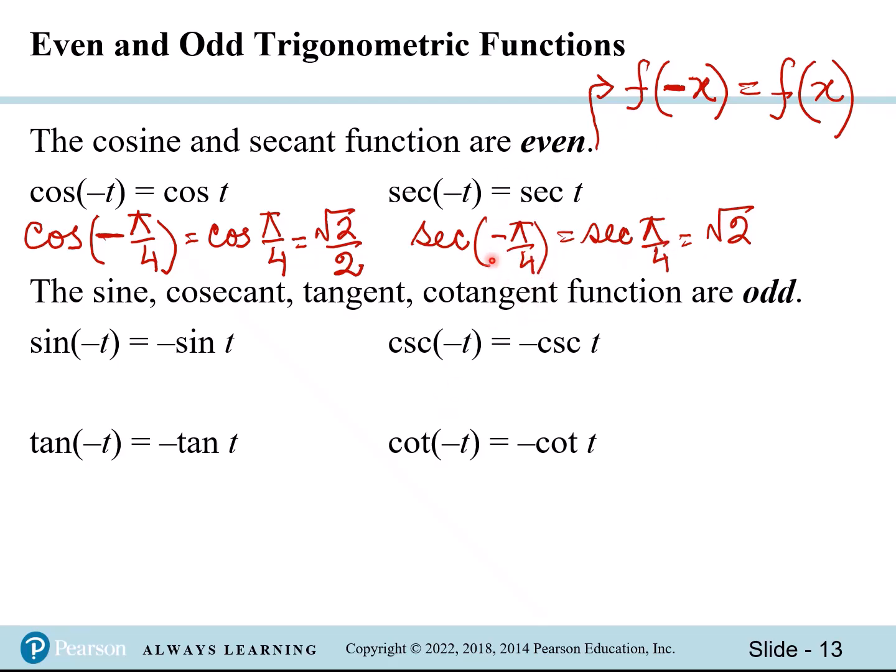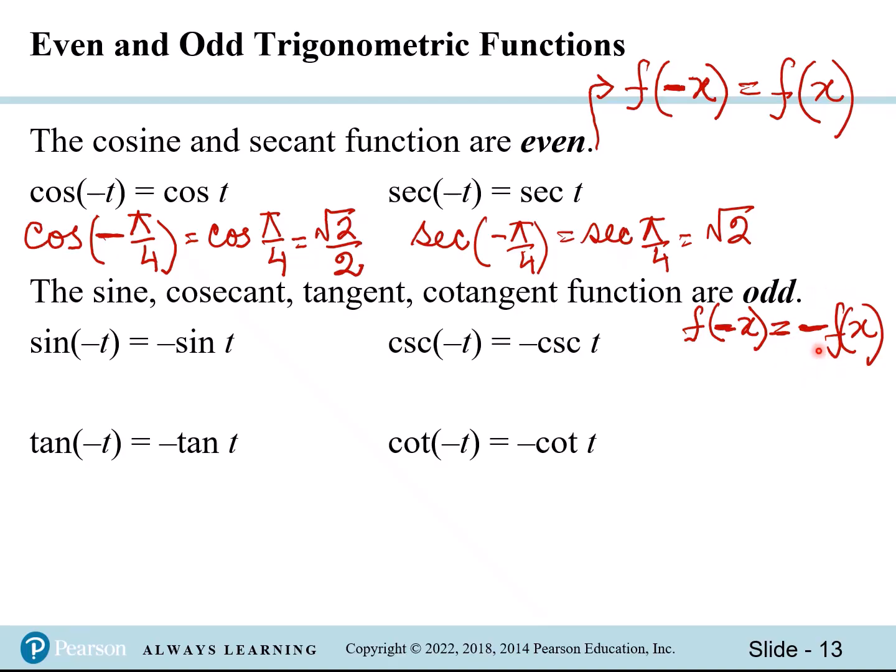An odd function is one where when you substitute a negative value into a function, the result is negative f of x. That means whatever the result was when you plugged in a positive x value, the answer will be the negative version of it, in other words.